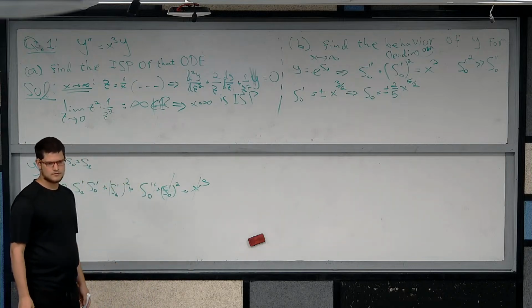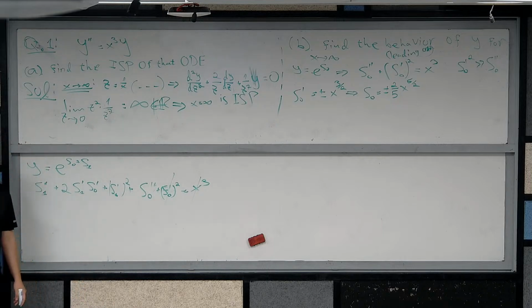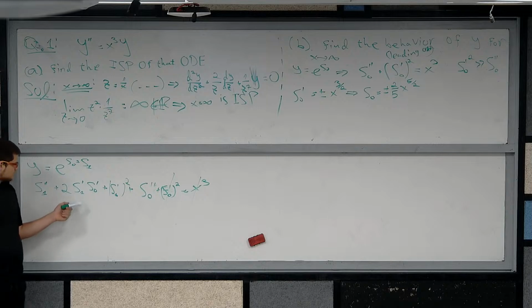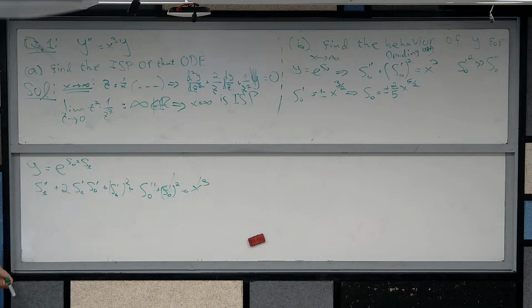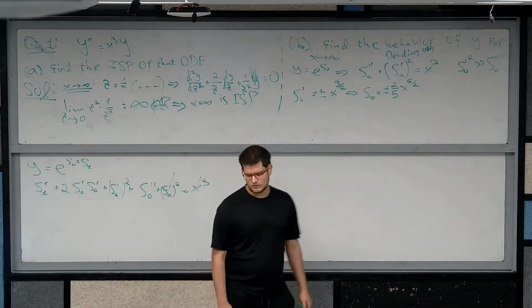Nadav just says that if S1 is negligible with respect to S0, so do the derivatives of both. It means S1 prime is negligible to S0 prime, and the same for the double prime. Sure. Yes.